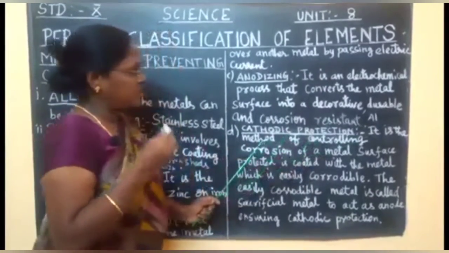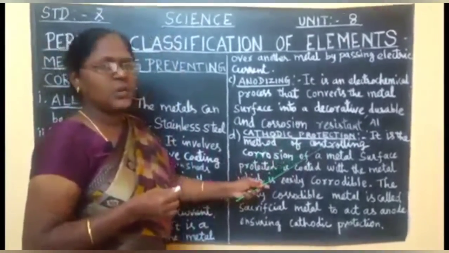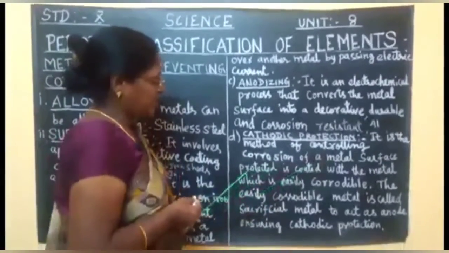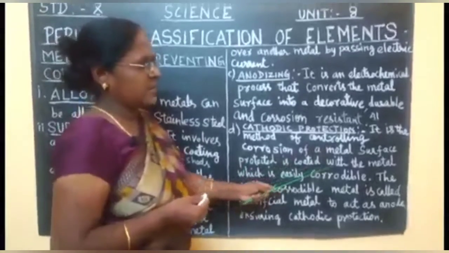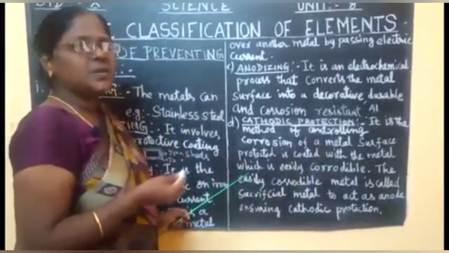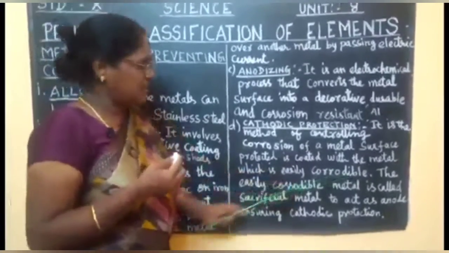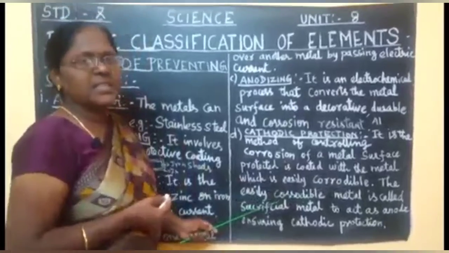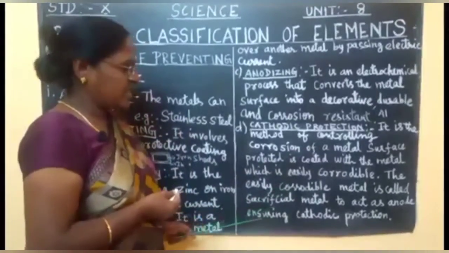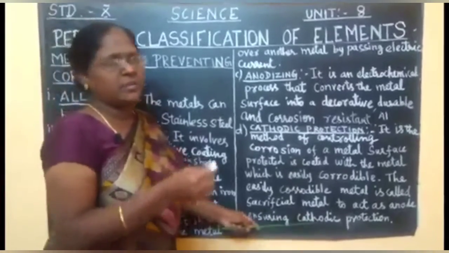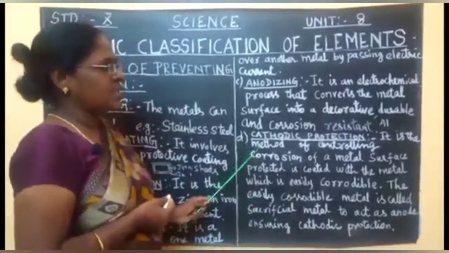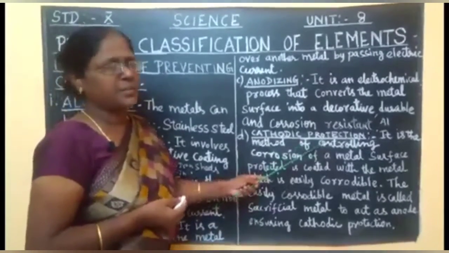It is the method of controlling corrosion of a metal surface. The protected metal is coated with the metal which is easily corrodable. The easily corrodable metal is called as sacrificial metal. It is acting as anode and it is ensuring cathodic protection. Ensuring means confirming. So this is called as cathodic protection.